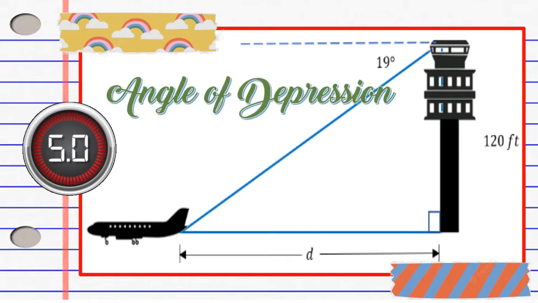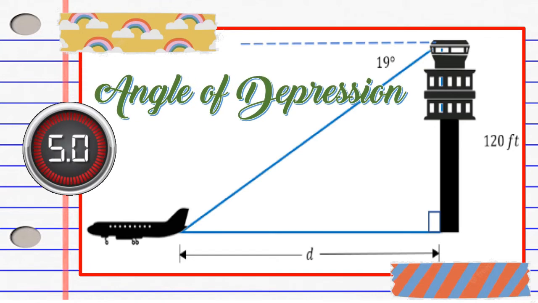The answer is angle of depression. Why? Because as you can see, here is the horizontal line of sight, meaning the observer is above the tower and he or she is looking downwards at the plane. That will be your line of sight, and 19 degrees here is your angle of depression. So this picture shows an angle of depression.